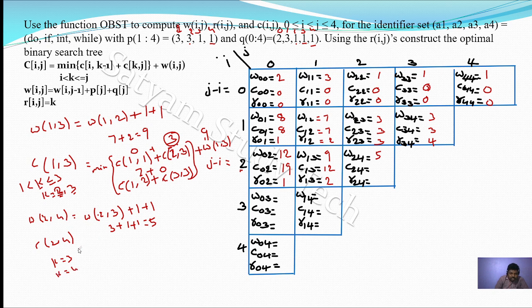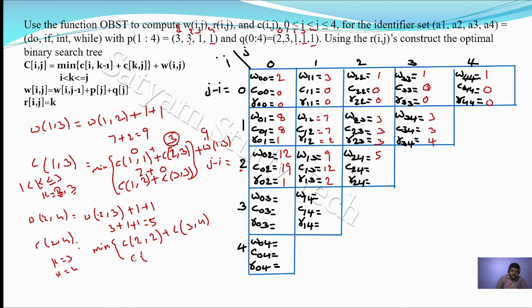Now I consider that is equal to the minimum of C of I comma, that is 2 comma k minus 1, that is k value is 3 minus 1, that is 2, plus here it is C of kj, that is 3 comma j value is 4.